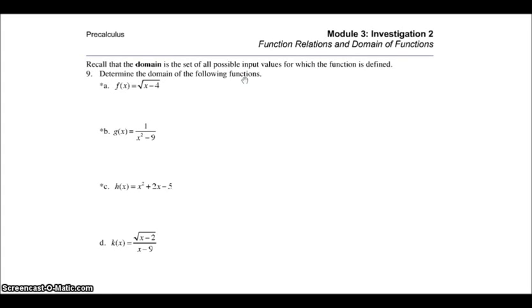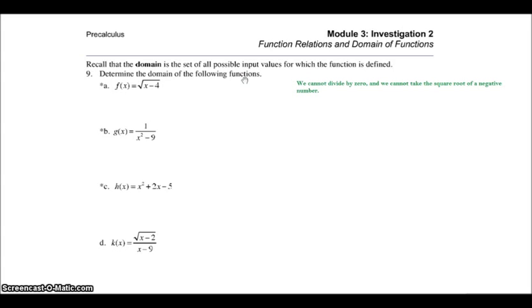A function is undefined if we divide by 0. Also, we can't take a square root of a negative number. The square root of a negative number doesn't give us a real output. So those are the two big ideas I want you guys to think about when thinking about the domain.